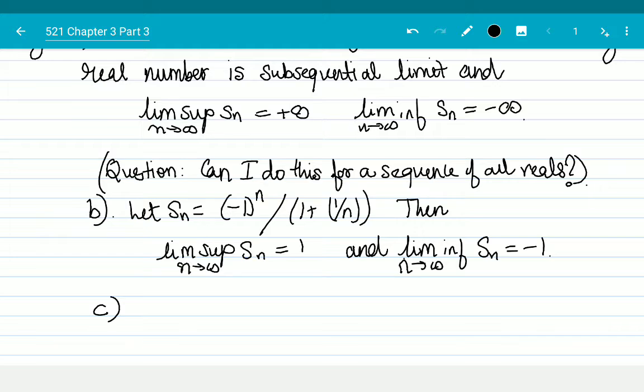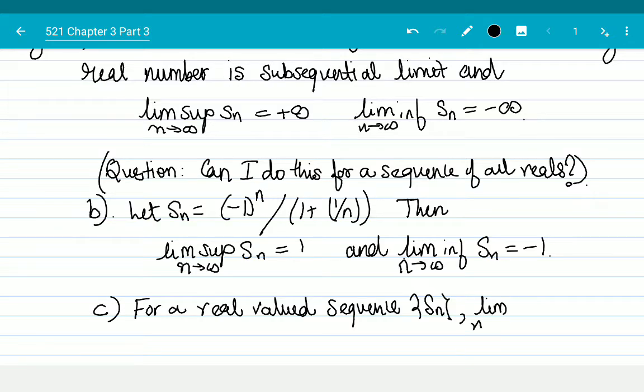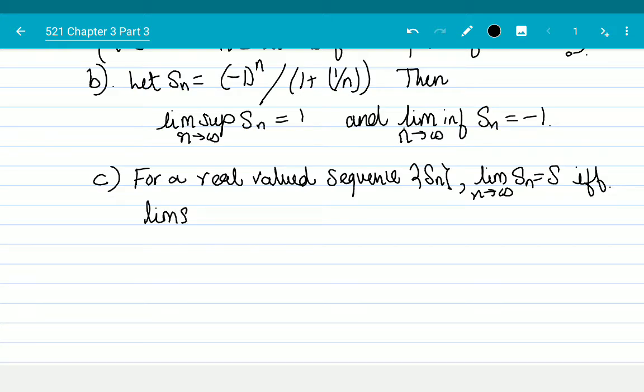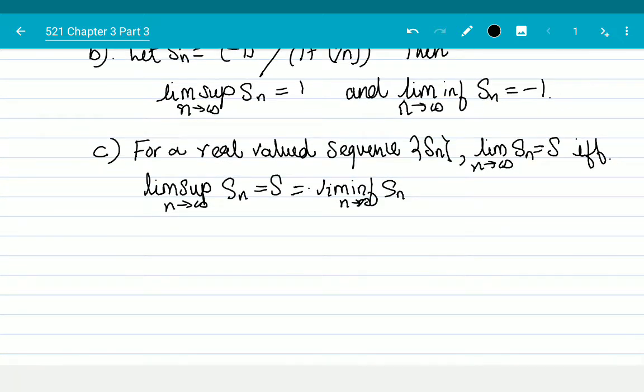For a real valued sequence Sn, the limit as n goes to infinity of Sn is equal to S if and only if the limit supremum of Sn is equal to S and the lim inf of Sn is also S. So this works both ways.